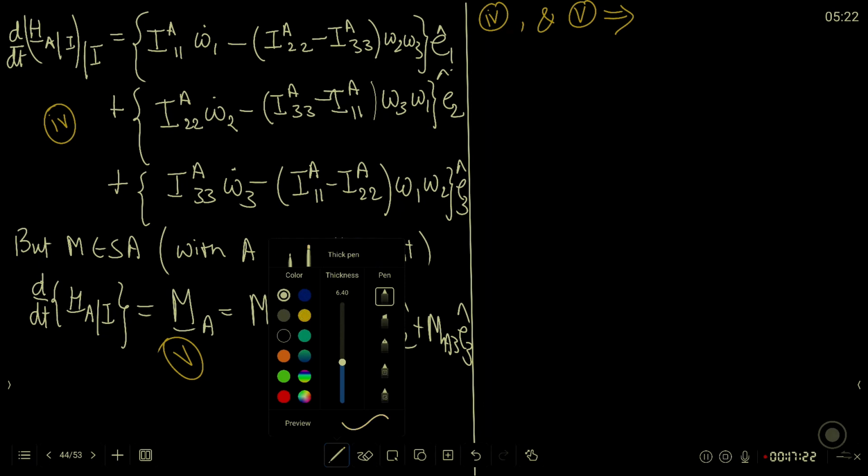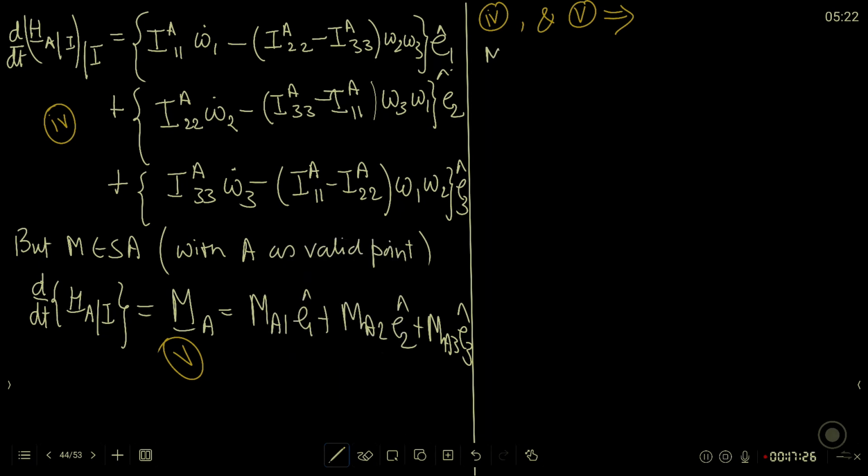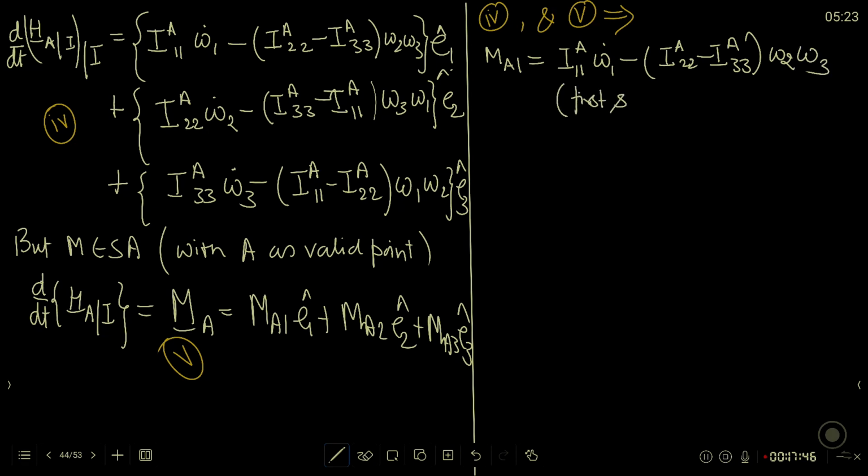What are those 3 scalar equations? MA1 equals, right, this is the first scalar equation of MESA, and I call it version 1.